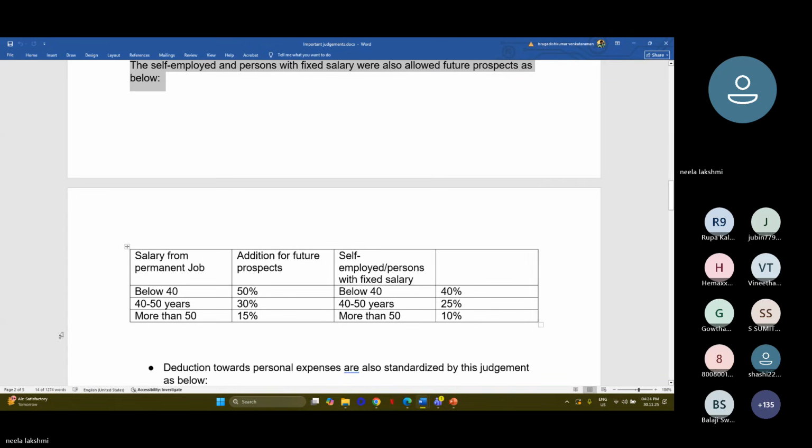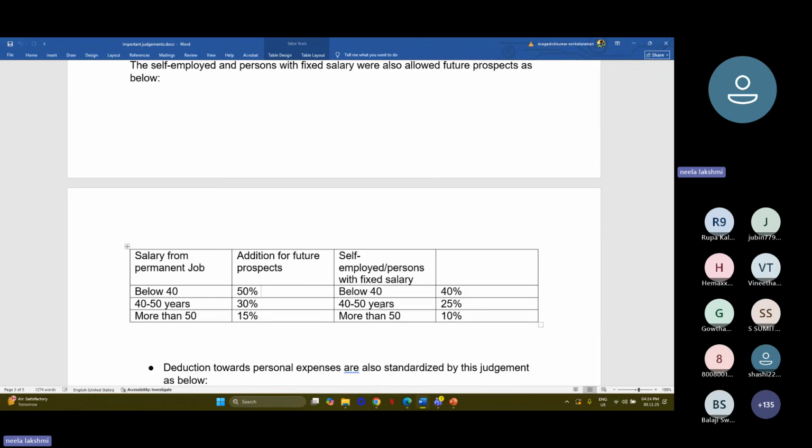If a person is below the age of 40 and is in a permanent job, his future prospects addition will be 50%. For example, if somebody is earning 10,000 in the government sector, his future prospects will be considered as 5,000, that is 50% extra of the 10,000, and his total salary would be considered as 15,000.